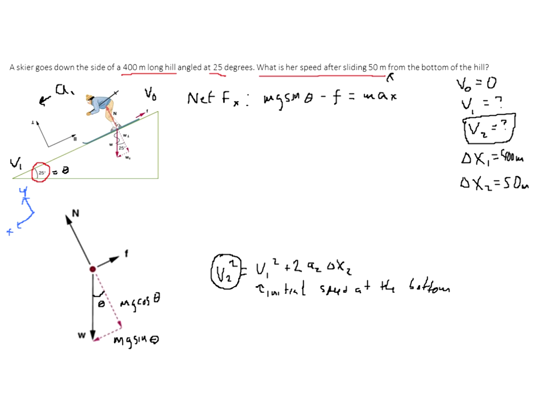Well, in order to find that, this initial speed at the bottom of the hill is also the final speed of the downhill portion.